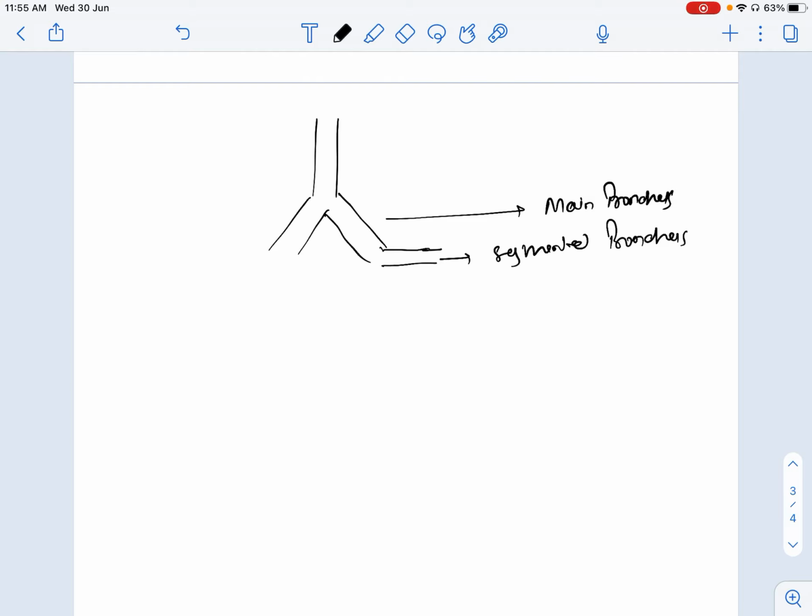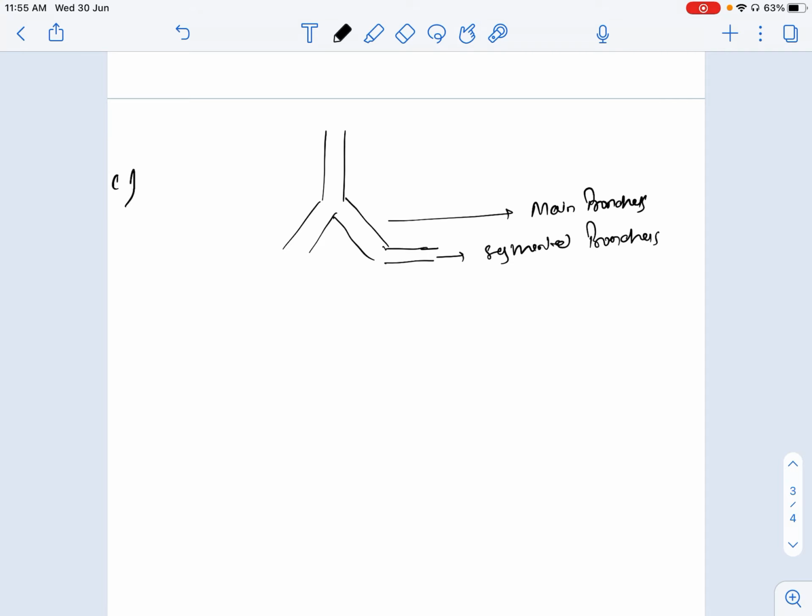So this is important. We have roughly divided the bronchi into two parts: large bronchi and small bronchi. What is the difference between these two?